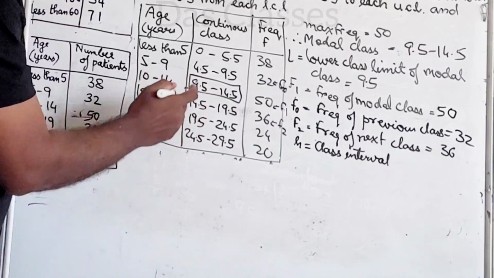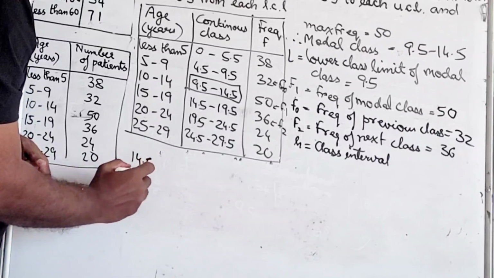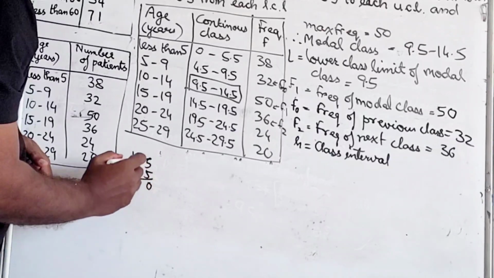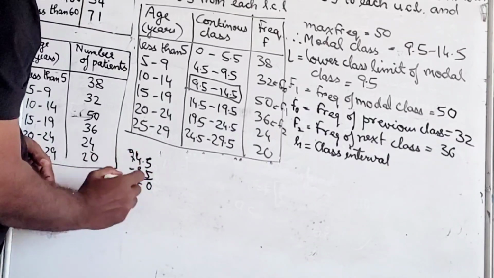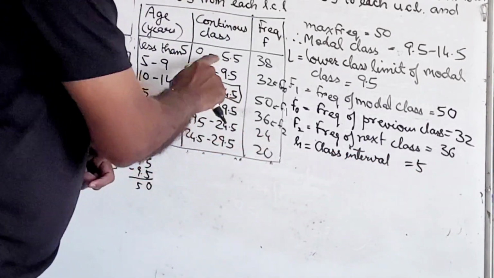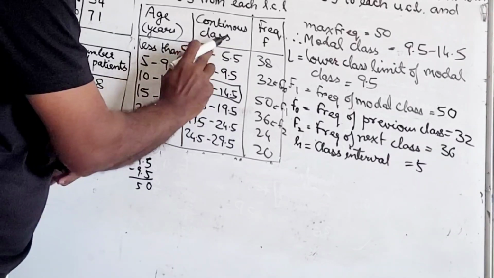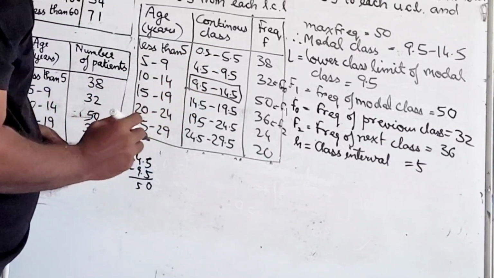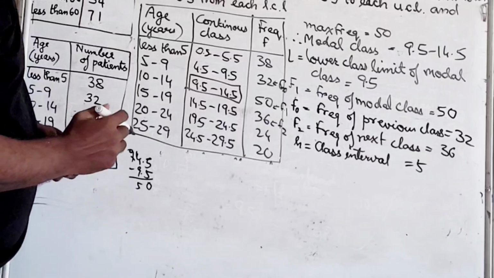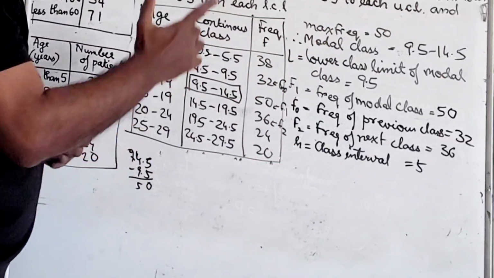You can just subtract and see any of the classes. Say 14.5 minus 9.5, that is going to be 5. So class interval is 5. We have written the meaning of each of the values of the formula.